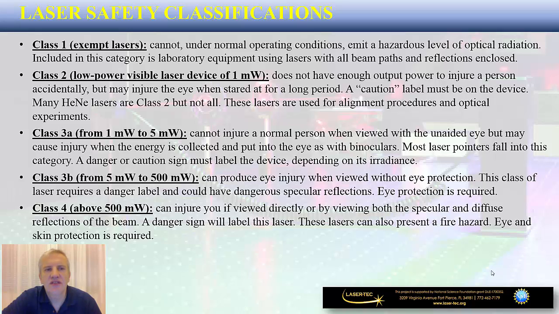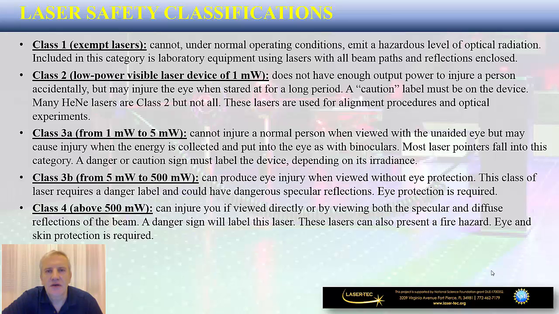The lasers included in this category are certain lasers that are part of laboratory equipment, with all beam paths and reflections enclosed. Other lasers of a higher class, like class 4 or class 3, can be classified as class 1 if a proper enclosure has been put around them.